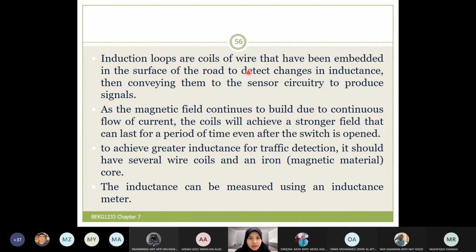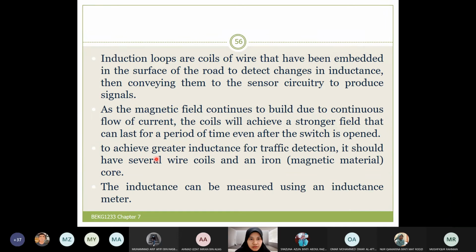So the induction loop has been embedded underground, on the surface of the road, to detect inductance. When the car arrives at the point, it will create a magnetic field continuously, due to the flow of current.